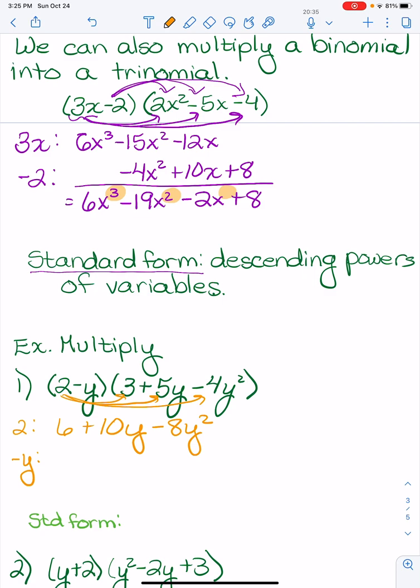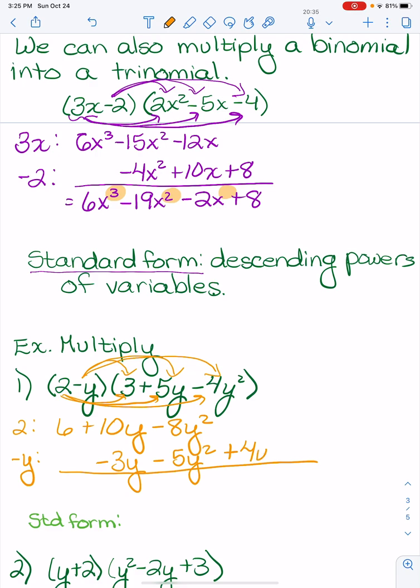Now distributing the negative y to 3, I get negative 3y. So I'm going to put it under the y term from the previous. Negative y times positive 5y is negative 5y squared. And then negative y times negative 4y squared will be positive 4y cubed.